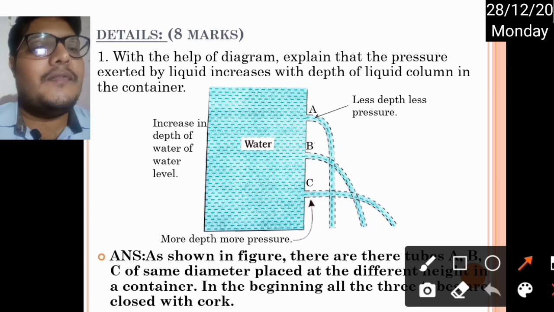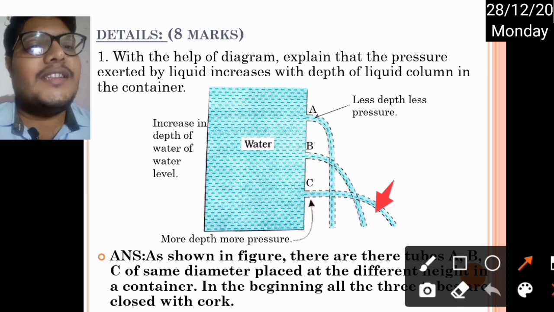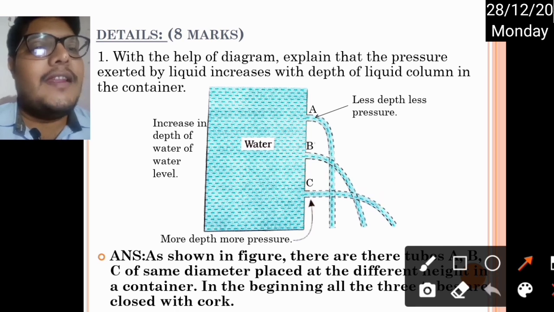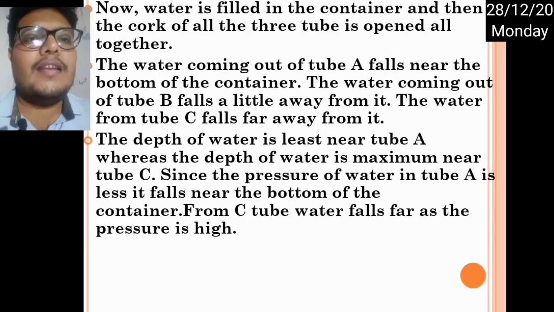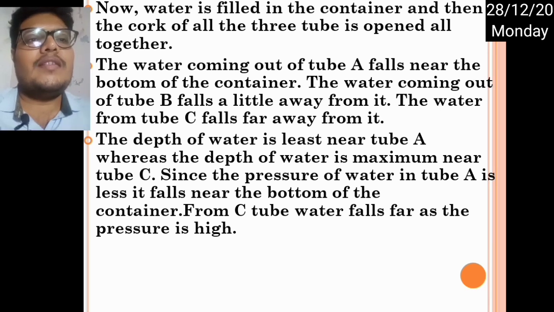That we can say that A falls near to the bottom, B falls a little bit far away and C falls here, more far away. So the depth of water is least near tube A, whereas the depth of water is maximum near tube C. Means A is not deep, but tube C is deep.